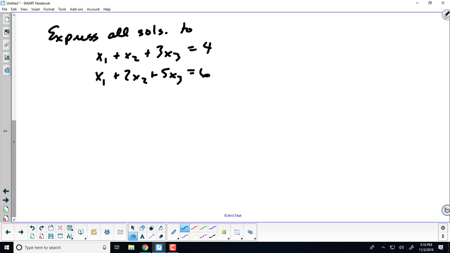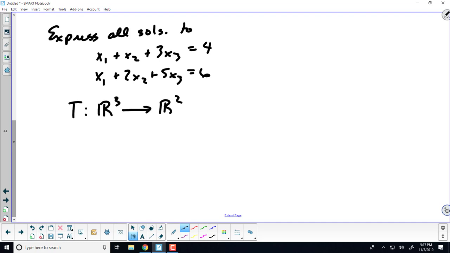Well, this corresponds to a mapping, first of all, from what space to what space? From R3 to R2, right? So we can think of T as a mapping from R3 to R2.